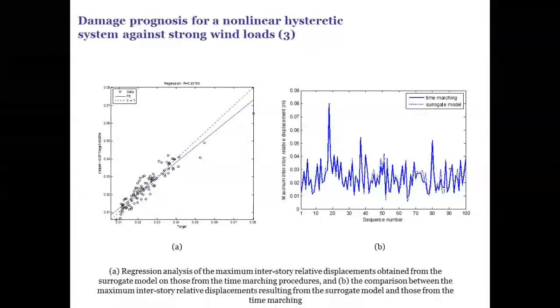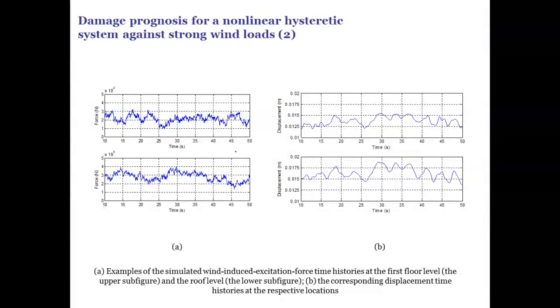To perform the damage prognosis for a nonlinear structure like this one, we did perform a side project. Why a side project? To get the result shown in this slide, it took roughly half an hour from my memory.